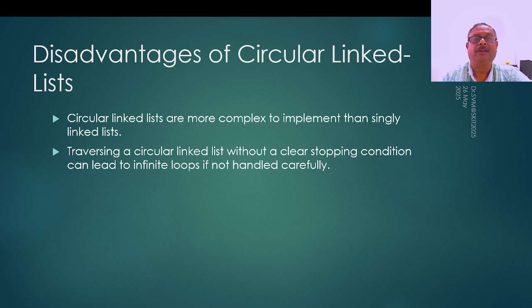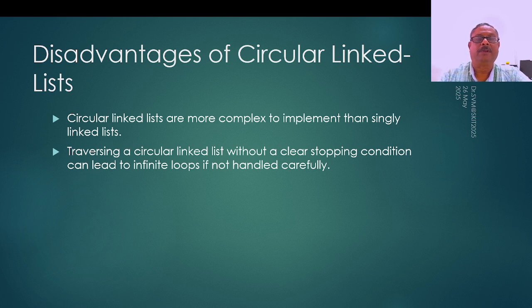Otherwise, we keep moving round and round and can go into an infinite loop, especially when we are searching for an element and that element does not exist in the linked list. Then we keep on moving next and next, and if we don't know when to stop, it keeps on checking and ends up in an infinite loop.